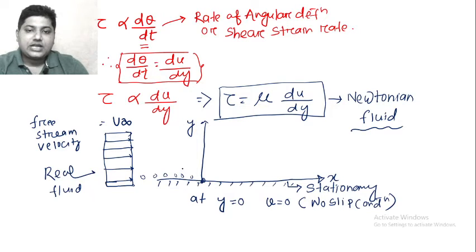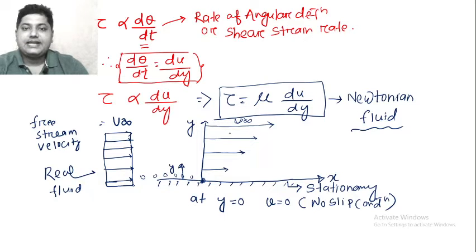Now as you move gradually in the positive y axis direction, the velocity gradually increases, and finally it again attains the free stream velocity after reaching some distance.